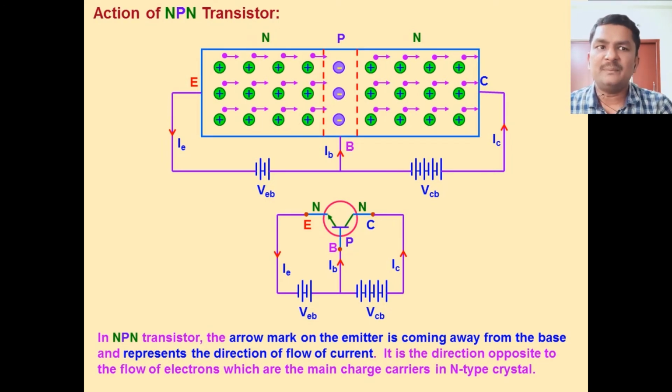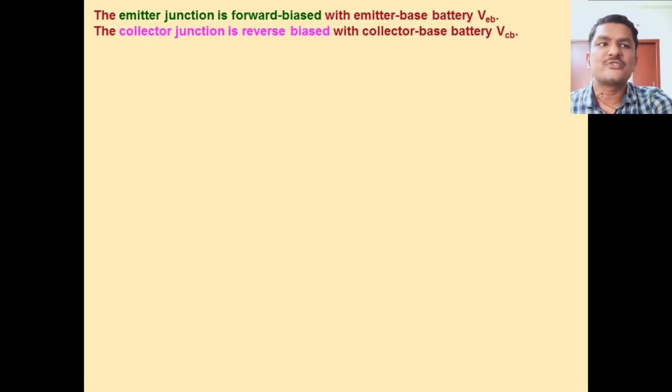In the case of an NPN transistor, the arrow mark on the emitter is pointing away from the base and represents the direction of conventional current, and it is opposite to the flow of electrons, which are the majority charge carriers in n-type. And when an NPN transistor is connected to the external source, the direction of current flow is shown in the diagram.